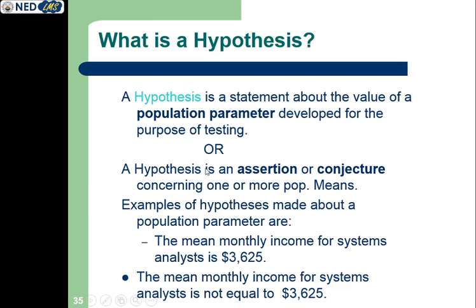Or a hypothesis is an assertion or conjecture concerning one or more population means. Assertion means claim, and conjecture means opposition. Once a person makes an assertion, a claim, the second person must oppose it, concerning one or more population means.